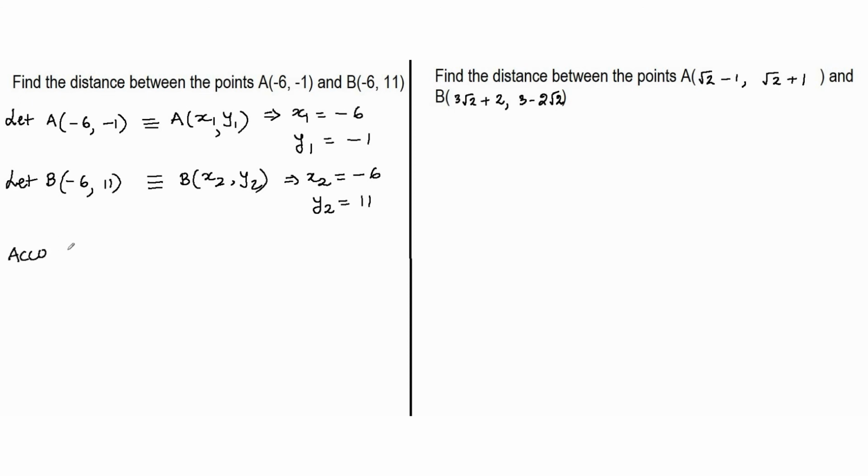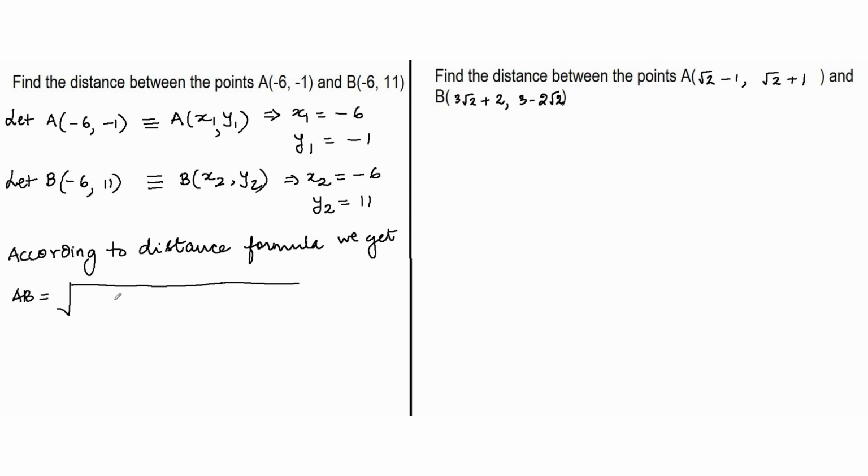Now, according to the distance formula, we get the length AB is equal to square root of x2 minus x1 the whole square plus y2 minus y1 the whole square, and that is going to be under root of, so let's evaluate this now.